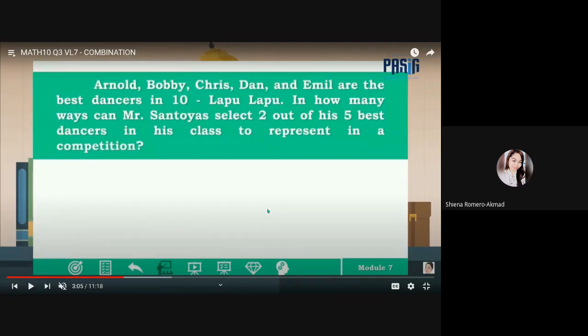Bakit 20 ways? Ilan ba yung kailangan niyang piliin? He needs to select 2 out of 5. Dalawa lang ang kailangan niyang piliin out of 5 people na nandito na magaling sumayaw.